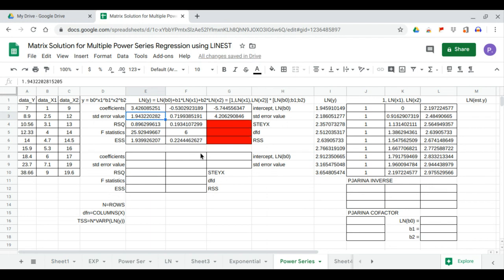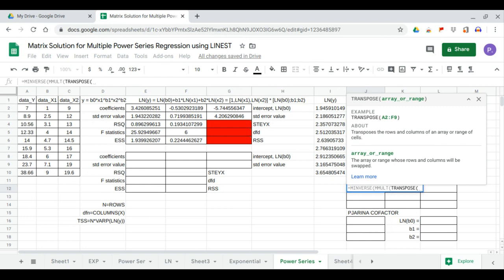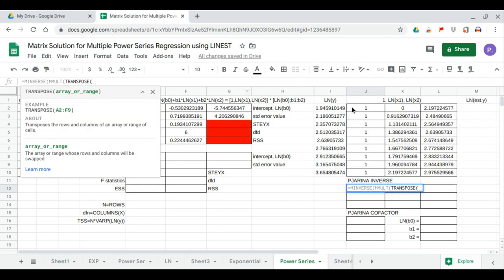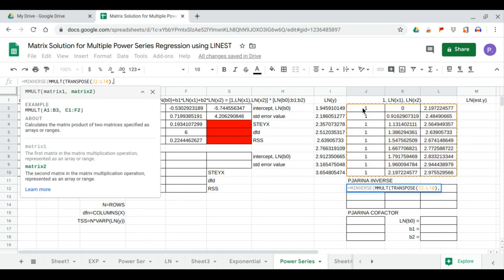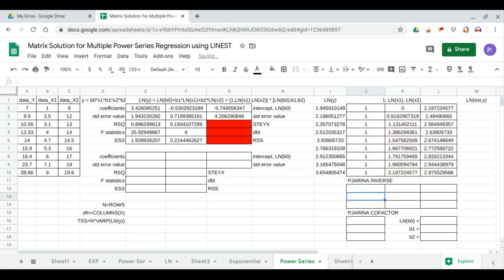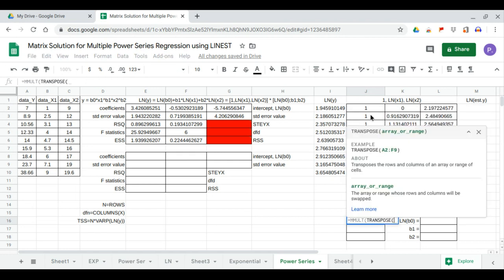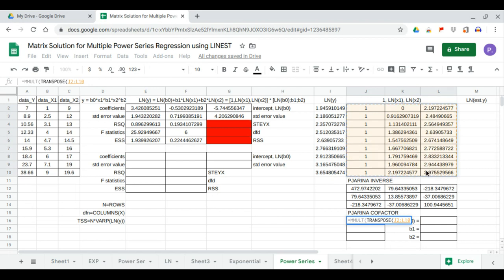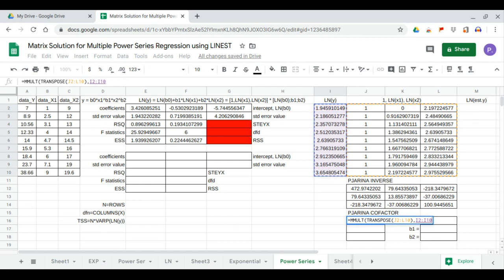We will calculate each output using the matrix operation. We begin with the Pijorina inverse, which is MINVERSE and MMULT transpose of the 1x matrix and itself. And we calculate the Pijorina cofactor matrix, which is MMULT transpose of this matrix and the transformed y values.